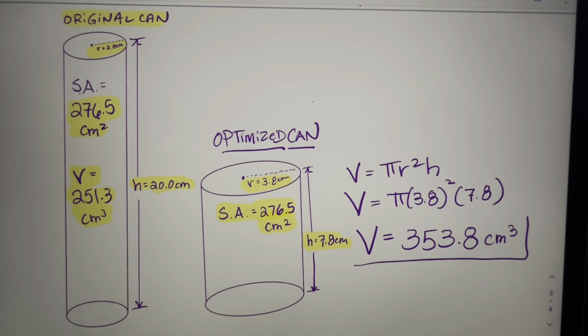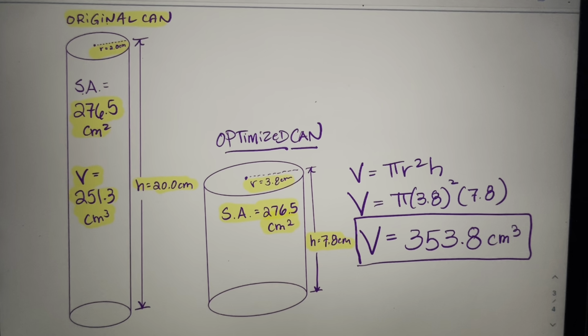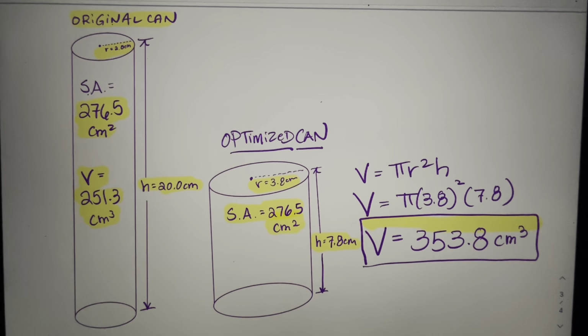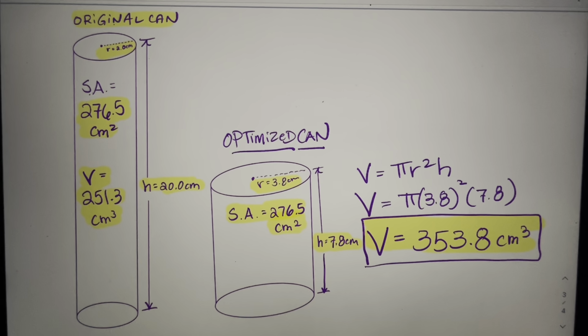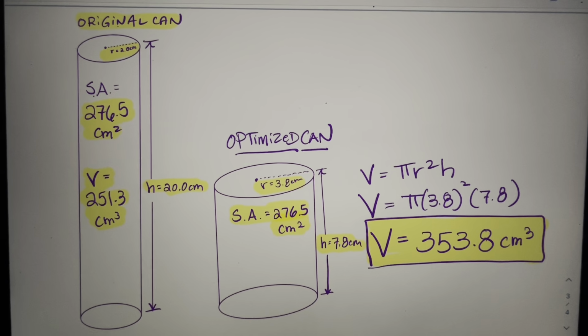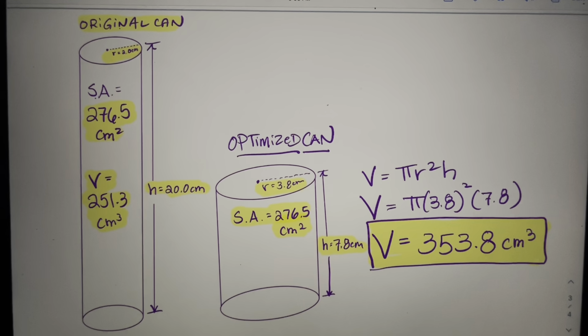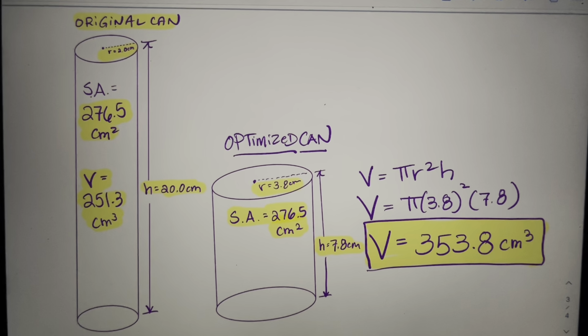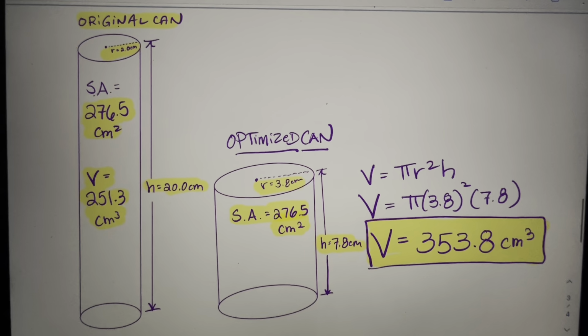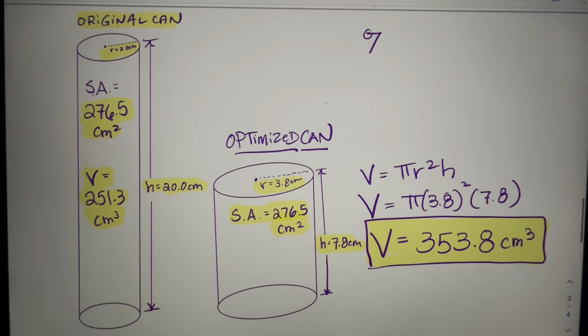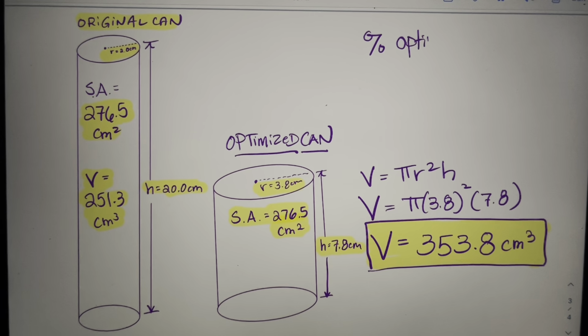Now, what we want to do is compare our optimized volume from a can with the same amount of material. That's so important that we have the same amount of material, that same surface area, 276.5 centimeters cubed.